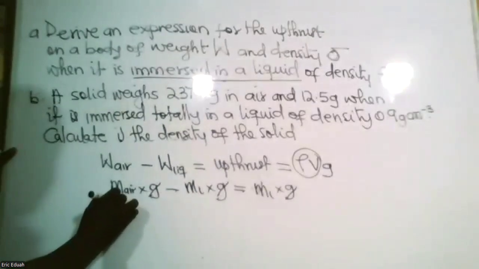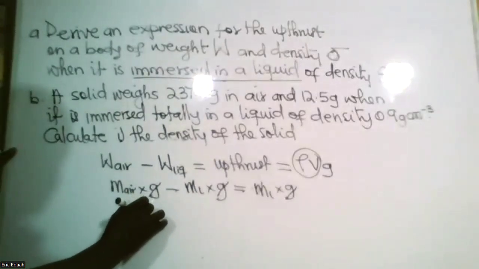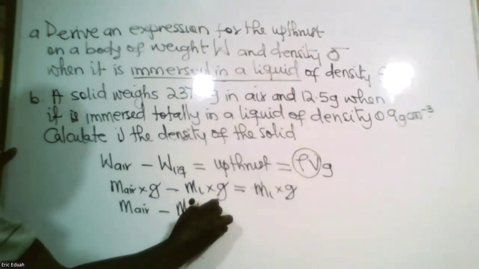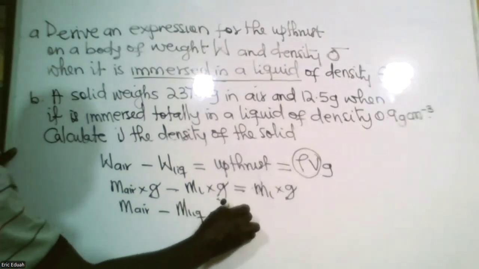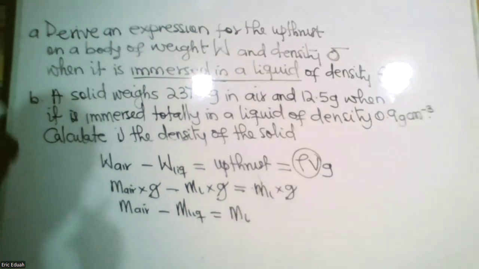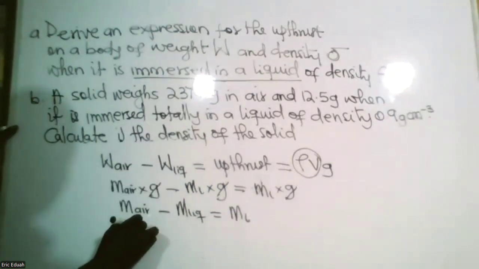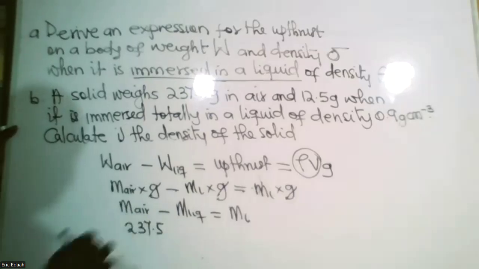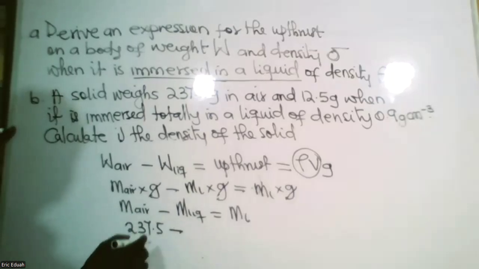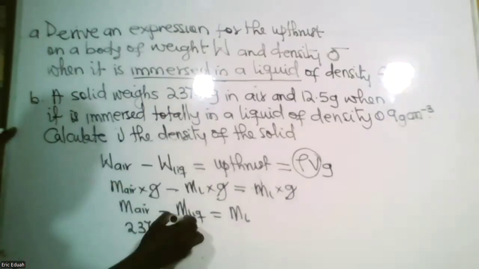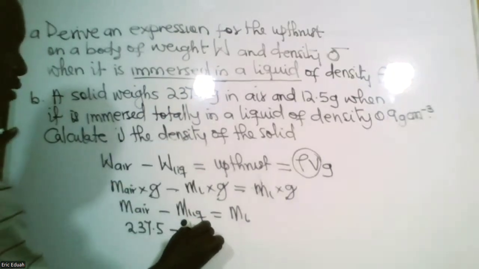Don't forget, it means that g can cancel out. So we have mass in air minus mass in liquid is equal to mass of the liquid displaced. And mass in air is 237.5 minus mass in the liquid, which is 12.5.